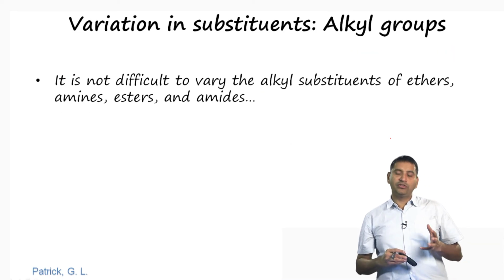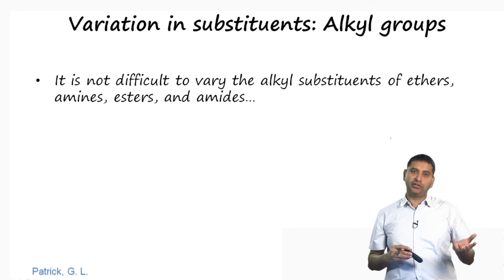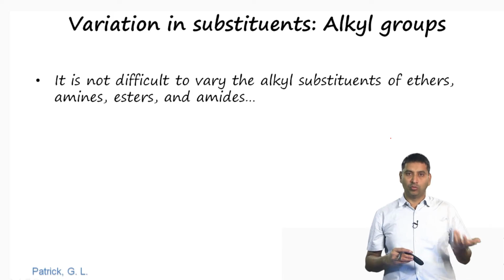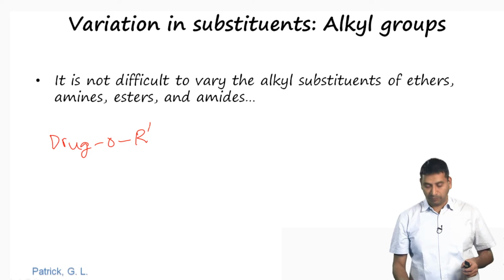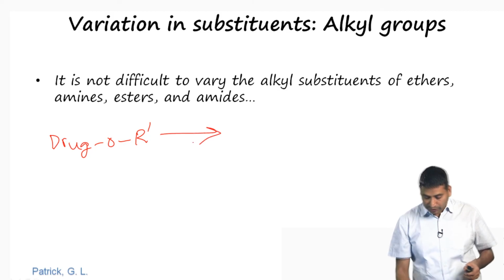So, some of the ways in which we do this optimization in drug design is to vary substituents. The first variation in substituents is to vary alkyl groups. So, if you have a drug with an ether, which I am referring to as R prime, then what we could do is to deprotect this ether to convert it to the alcohol.